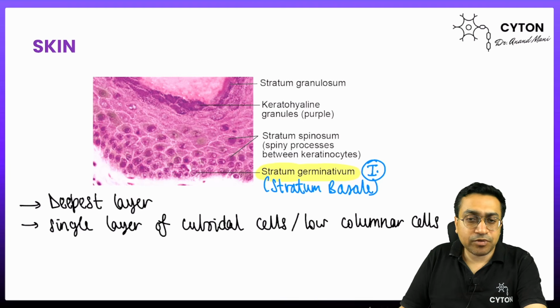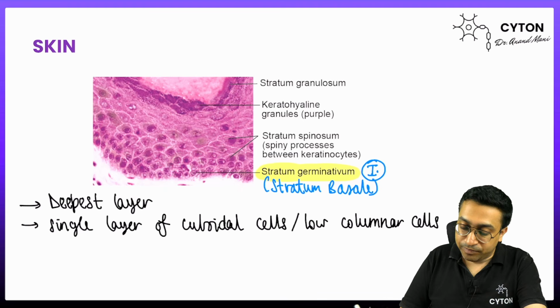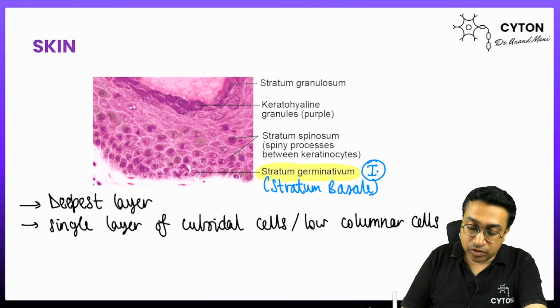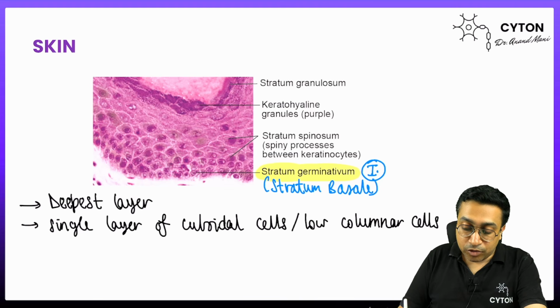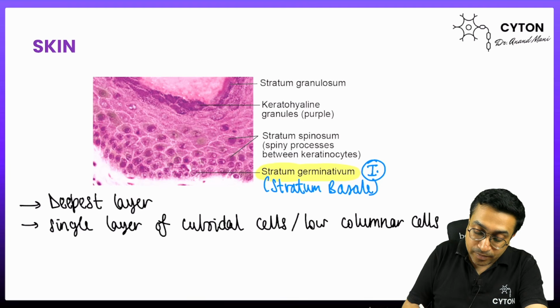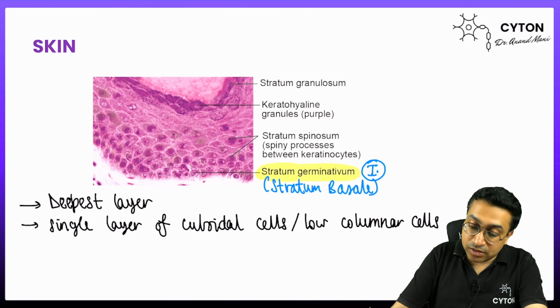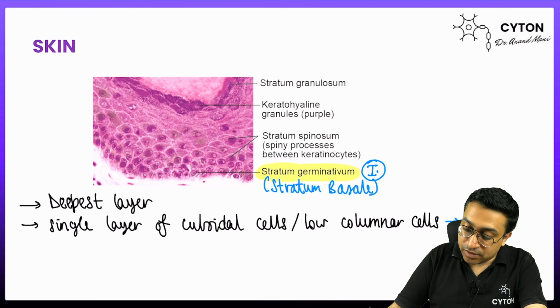Again, the type of epithelium will be discussed eventually in histology, so it will become clear, don't worry about that. I am not going to go into detail of histology right now. So this single layer of cuboidal cells actually rests on the basal lamina.